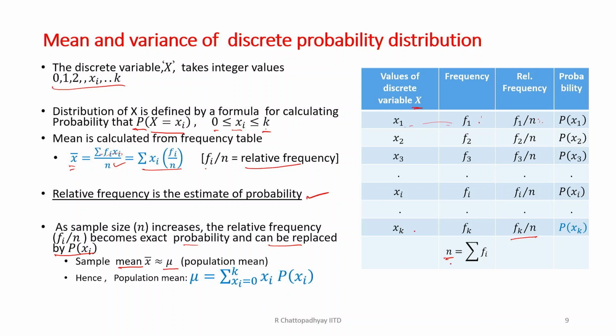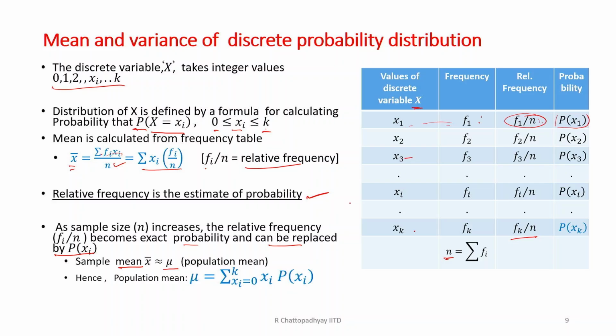If I increase n, that means the values of f1, f2, f3, these numbers are going to increase. Suppose sum of fi is 50, it could be 500 if we can make it, or 300 or 200. So if n increases, then the relative frequency becomes more and more accurate with respect to the probability that the variable x is going to take a value x1, or the probability that the variable capital X is going to take a value x3.